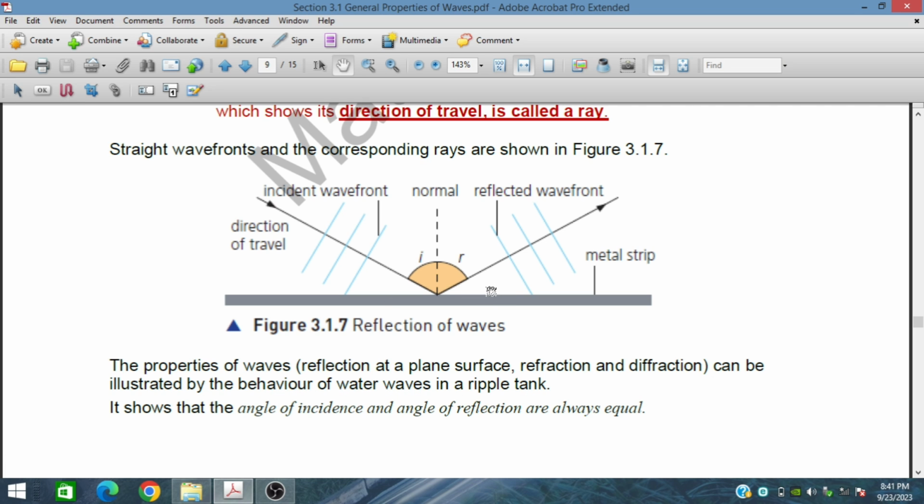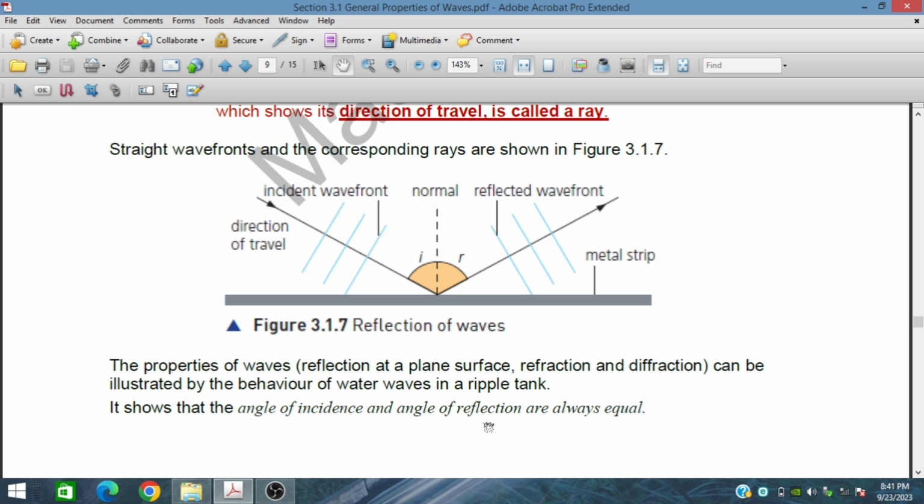So this wave has all the properties: reflection, refraction, and diffraction.